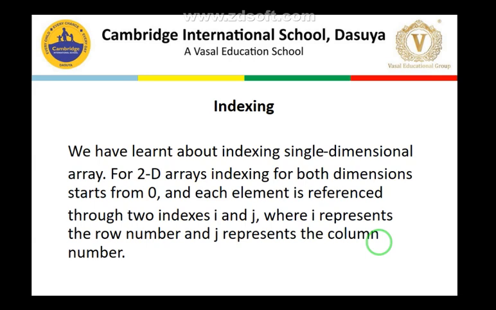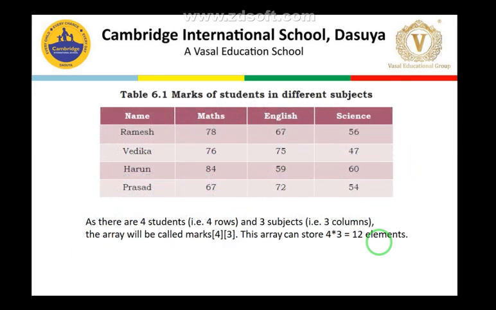We have learned about indexing a single dimensional array in our earlier example. For 2D indexing, both dimensions start from 0, and both dimensions mean rows and columns, and each element is referred to through indexes i and j, where i represents the row and j represents the column number. For example, students, we have taken this example. These are the marks of students in different subjects: mathematics, English, science.